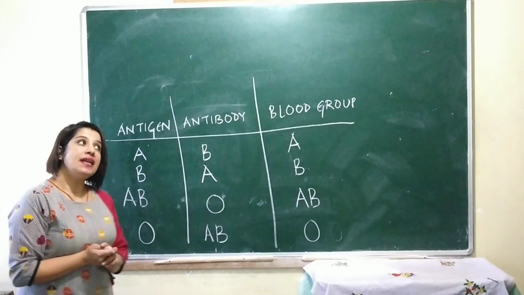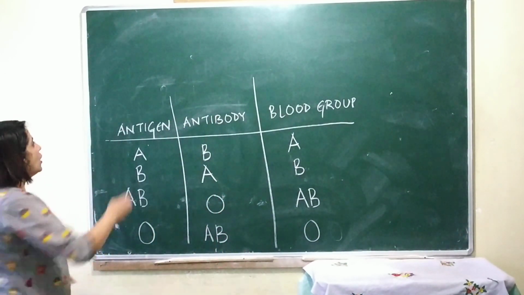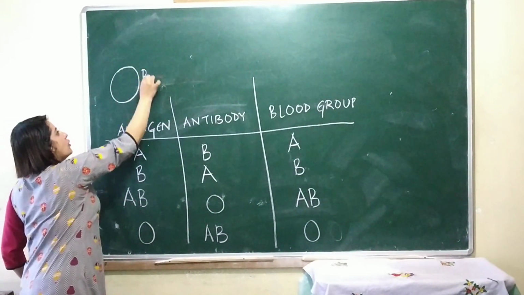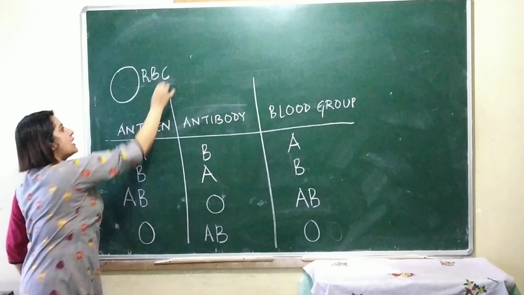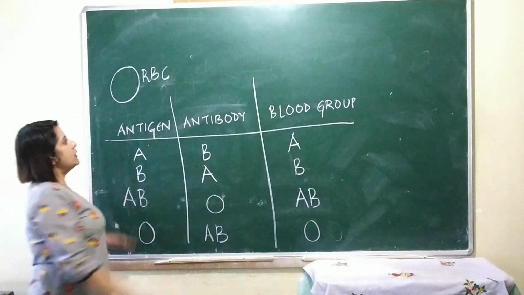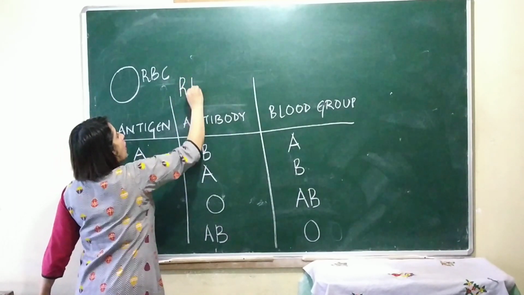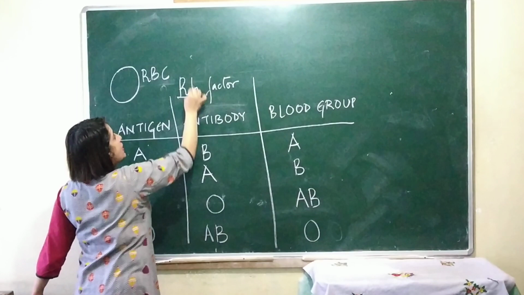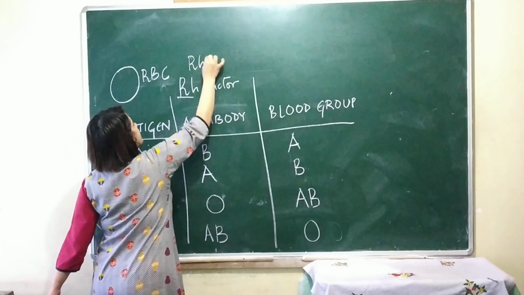Now there is another type of protein which may be present again on the walls of the erythrocytes or the red blood cells. This protein is called Rh factor, where Rh stands for rhesus.